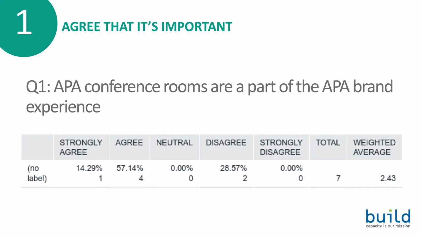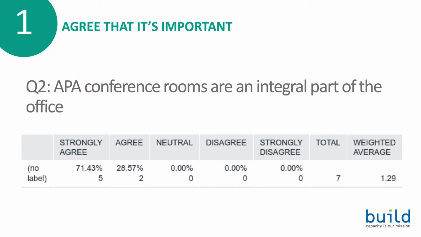People come to the offices all the time for external meetings. I personally think it's a place to reinforce the brand. Clearly, not everyone agrees. The next one is around conference rooms being integral to the office. Not a ton of disagreement here, but my hope is that this question prompted some additional thinking in some of the subsequent questions.